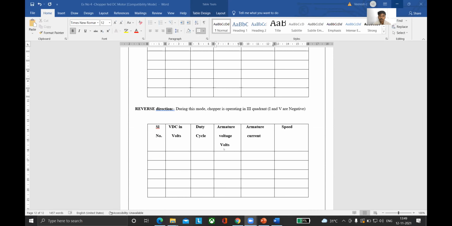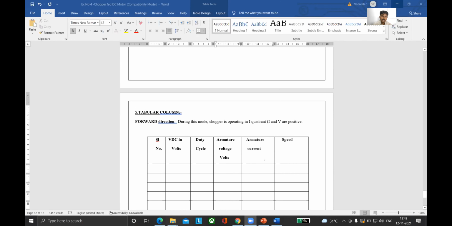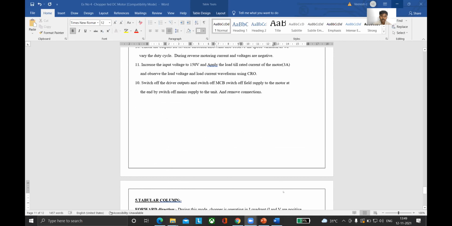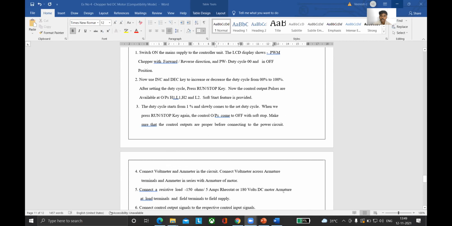Output voltage means armature voltage. If the armature voltage decreases, the speed also decreases. So you can observe this and give the conclusion. So this is the theoretical explanation of the experiment.